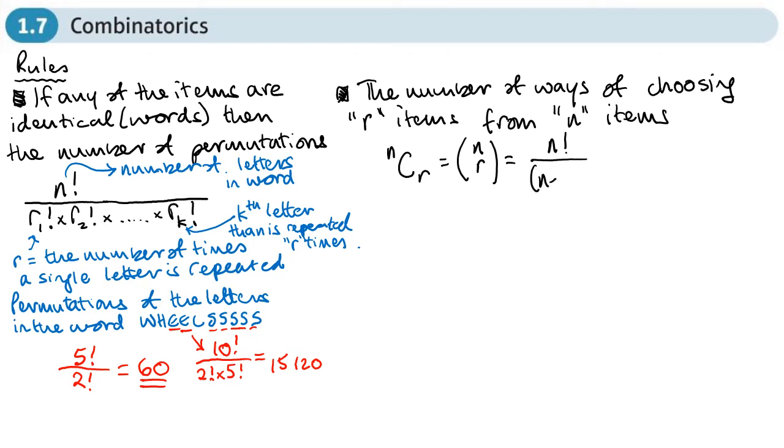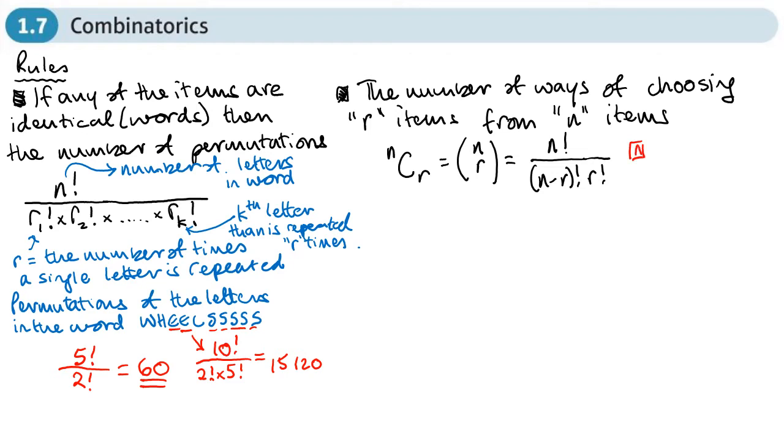NCR. Now this can be written in different ways. You'll often see it written as N over R. This can be worked out manually as N factorial over N minus R factorial. So that bit's the same as the permutations formula, but then we times by R factorial.